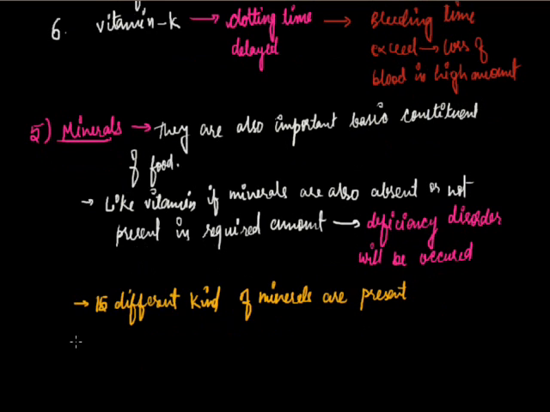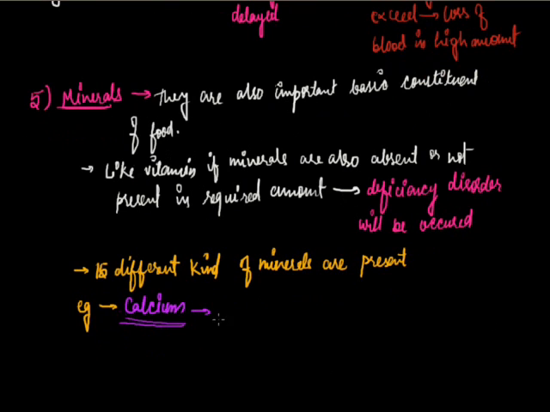For example, calcium. Calcium is a very important mineral required by the body. If calcium deficiency occurs inside the body, the deficiency disorder is bone and tooth decay.